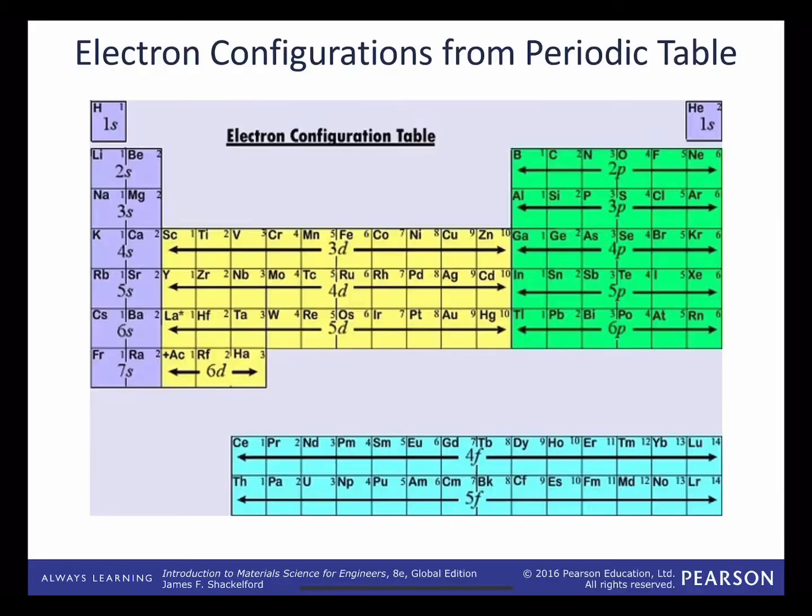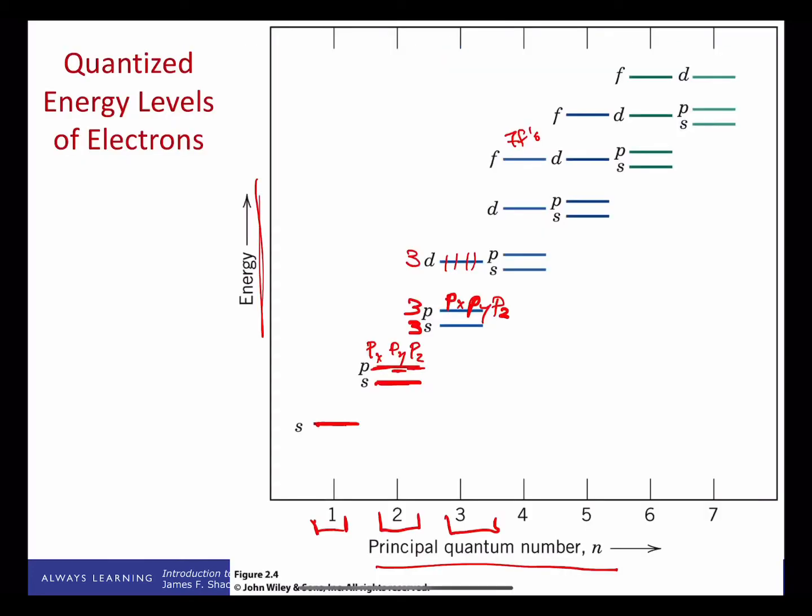Okay, so how do we predict the order in which those orbitals occur on that energy scale? Recall, this is an important order because electrons will locate themselves in the lowest energy configuration first in an unexcited atom of matter.